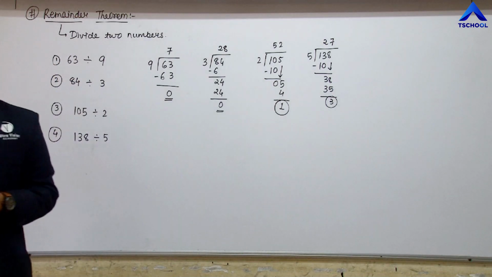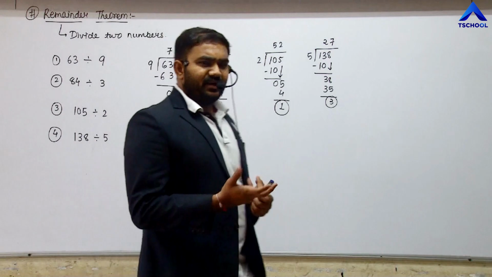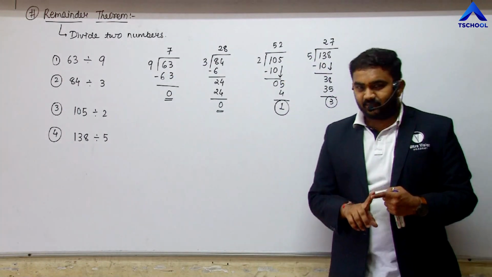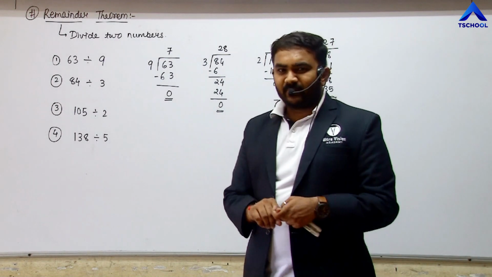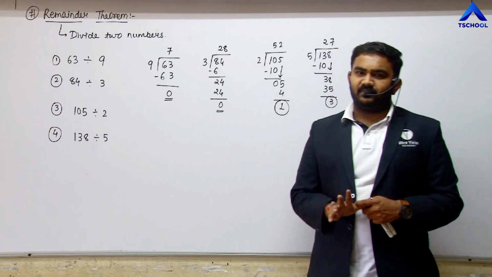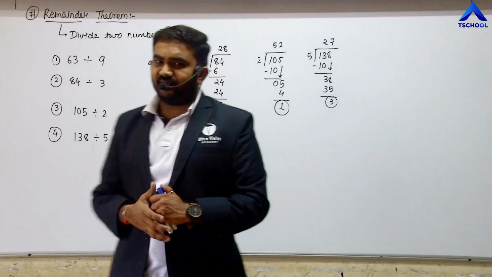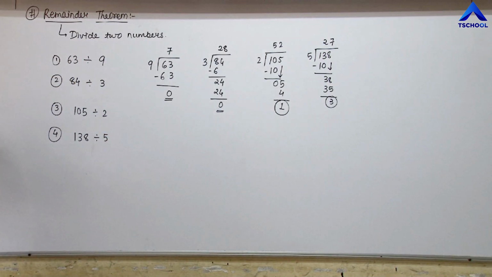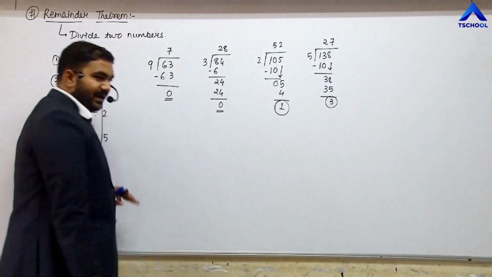So friends, see that in the first and second cases the division was perfectly divisible. That means if the remainder is 0, then the numbers are perfectly divisible. Perfectly divisible means the second number divides the first number keeping a remainder 0. So in these kinds of examples the remainder is 0, whereas in the third and fourth examples there are some numbers left at the end of the division.